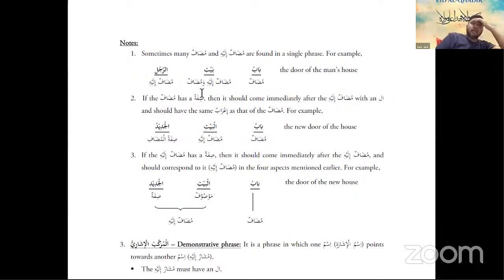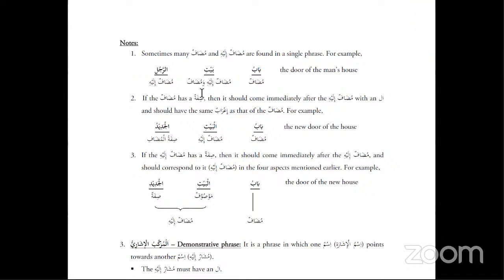I'm going to remember in book lesson number 3, when it spoke about adjectives for mudaf and mudaf ilayh. Sometimes mudaf and mudaf ilayh are found in a single phrase. For example, babu bayti ar-rajuli, the door of the man's house.